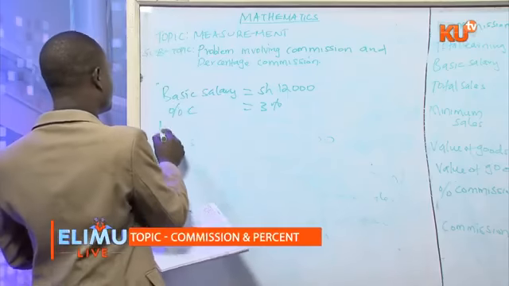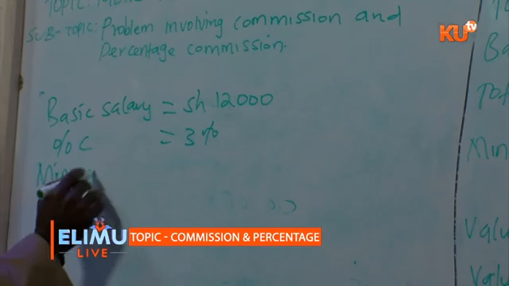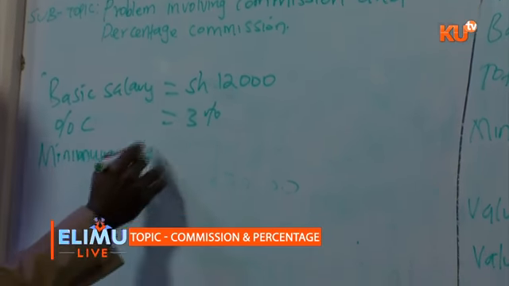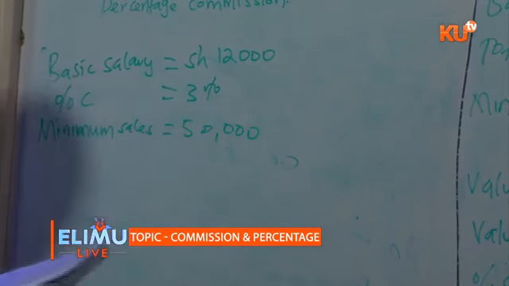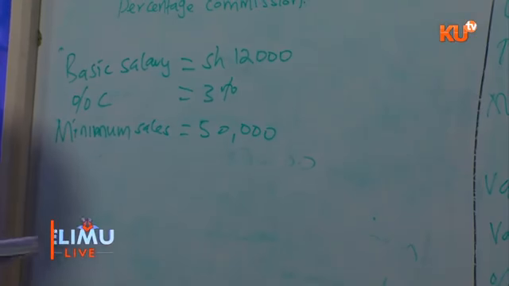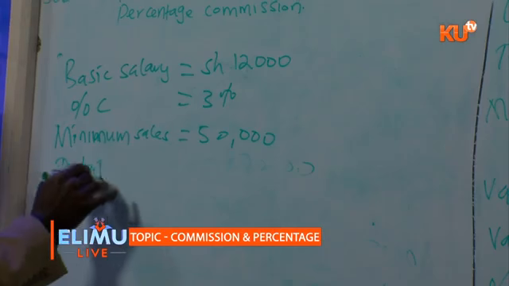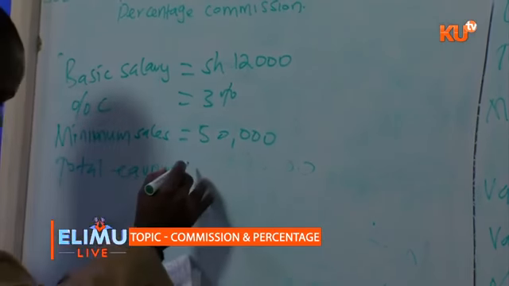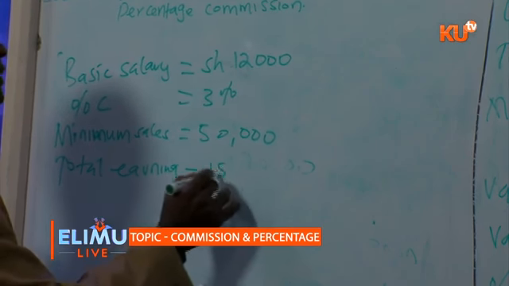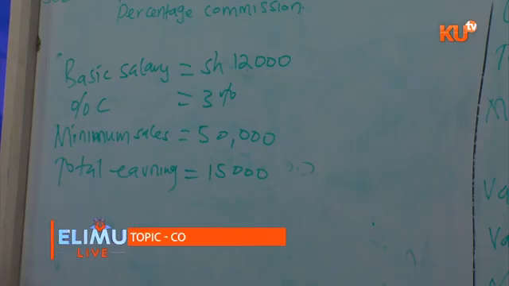And then the minimum sales in which he is supposed to get commission from is 50,000. And then now we can work it out. Of course, we have been given total earnings as 15,000 shillings.